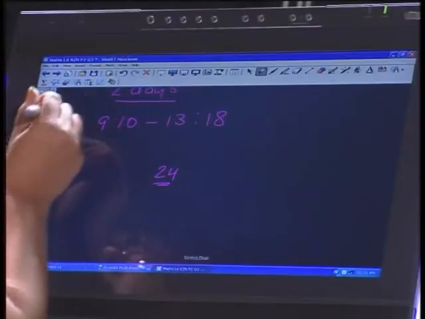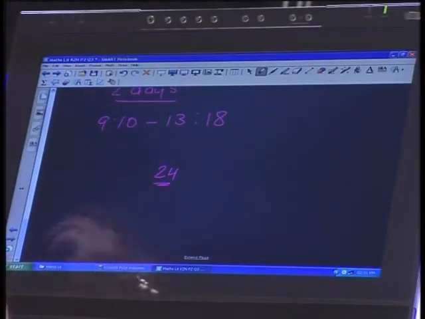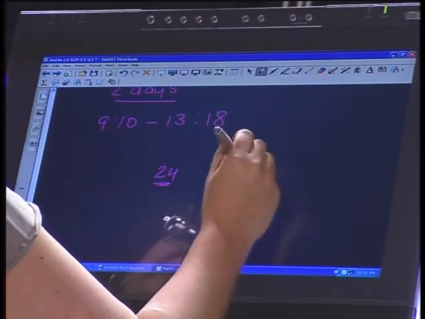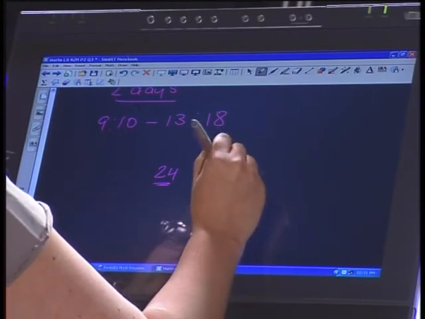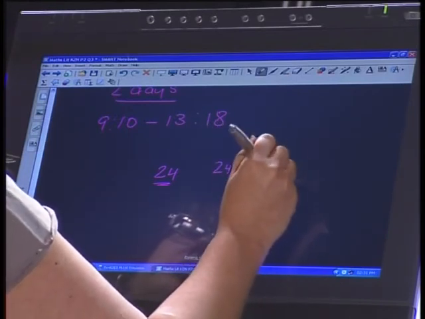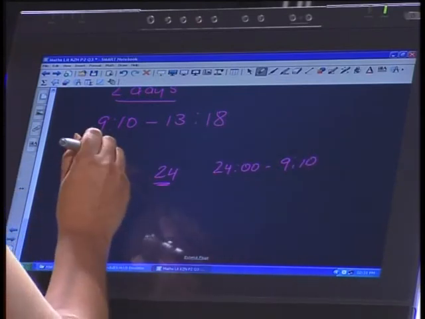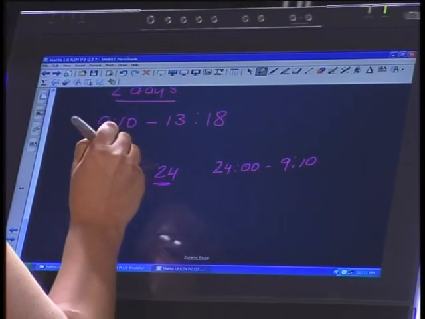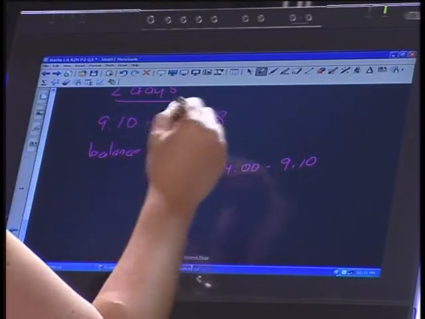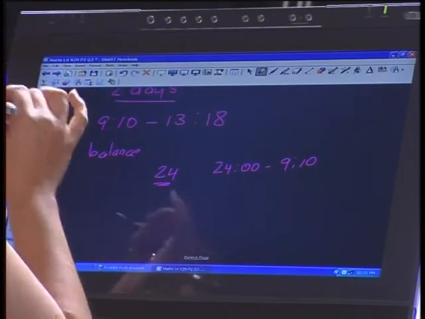So I'm going to basically start with 9:10 from midnight, should we say. So let's do it this side. We've got 24 hours to 9:10, and then we've got our balance before midnight. So I need to also work out what that balance is.